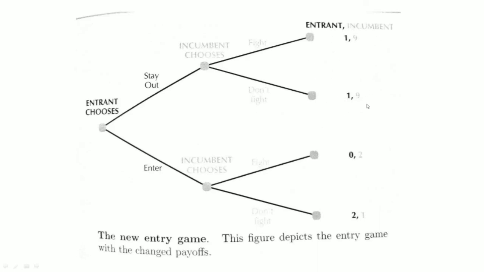There's no action being done because the entrant doesn't choose to do anything. But if the entrant chooses to enter, there are two possibilities. Firstly, the incumbent could fight, which is probably what is going to happen, or the incumbent might not fight and not do anything, which is not likely to happen.